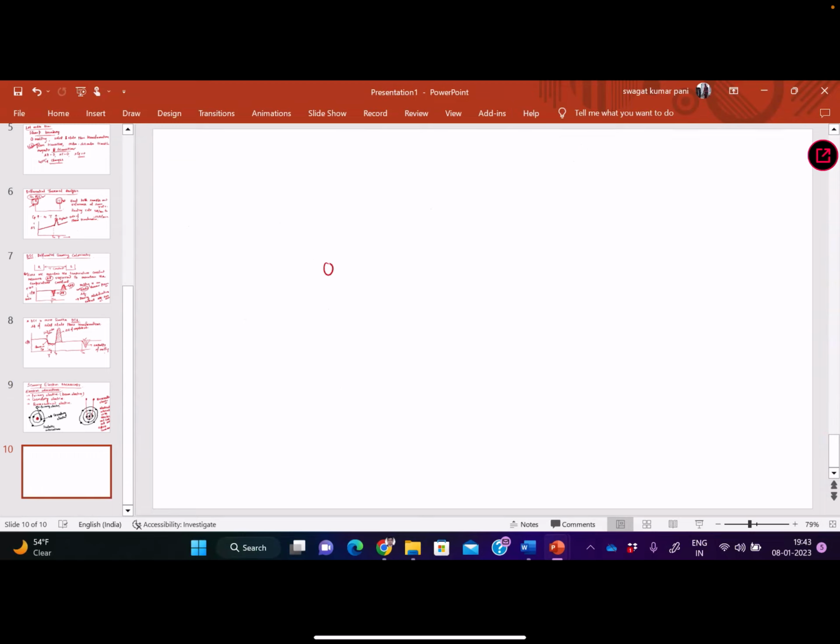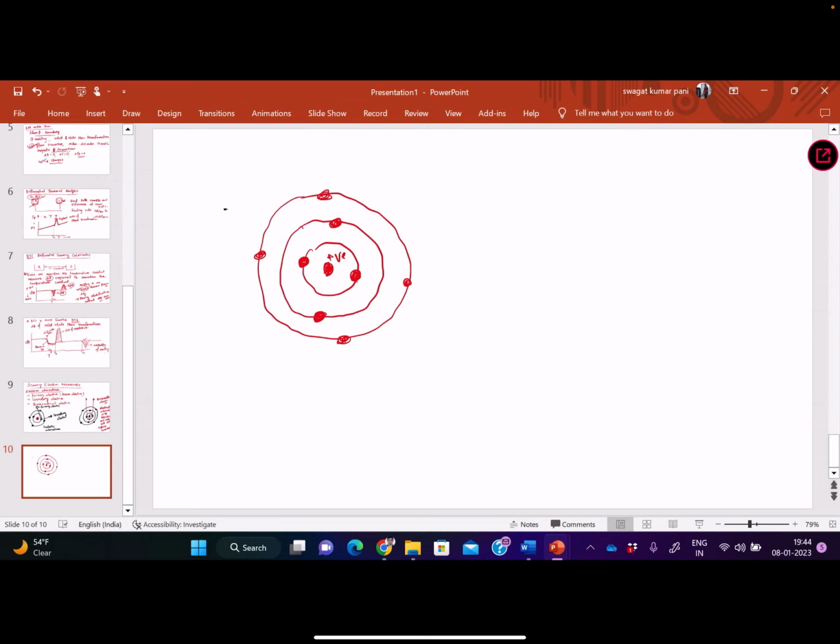Another important signal we get is characteristic X-rays. This is the nucleus, these are electrons. This is primary electron, that is beam electron.